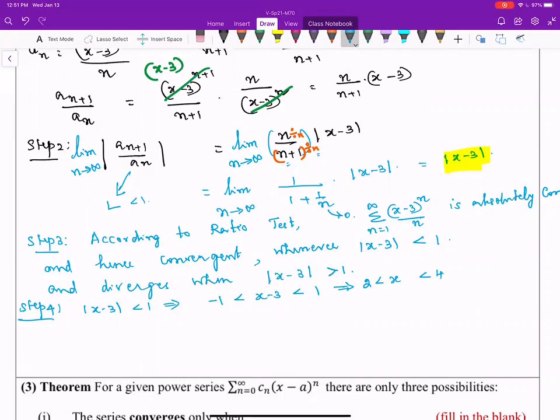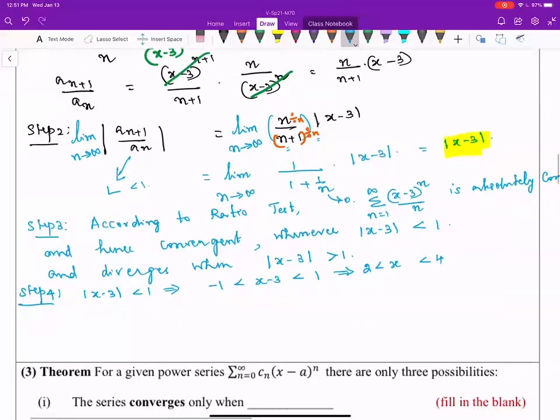So when x lies between 2 and 4, definitely the series converges. So the given series converges when x lies between 2 and 4.